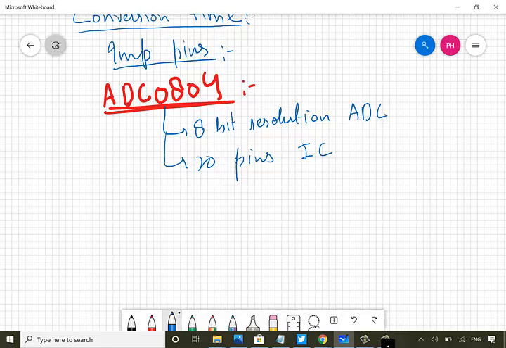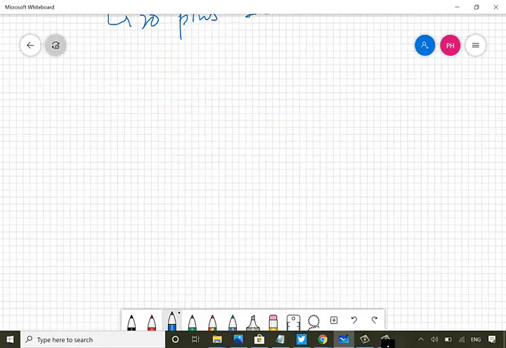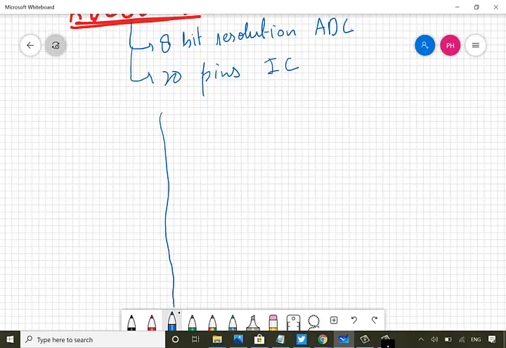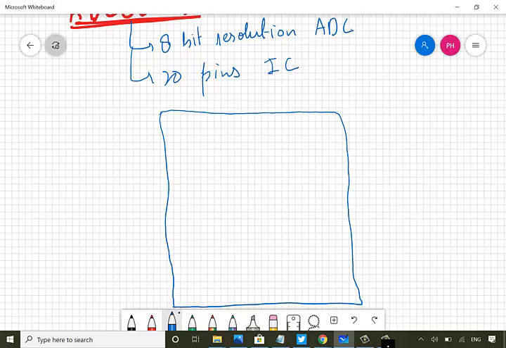So what are the important pins present in this IC? Since it is an 8-bit resolution ADC, the output will be displayed using 8 bits.